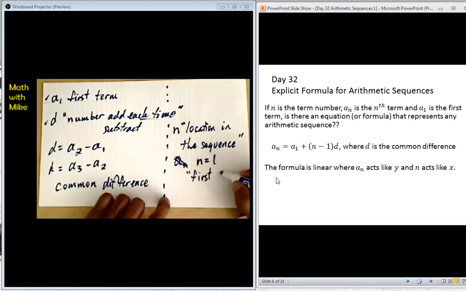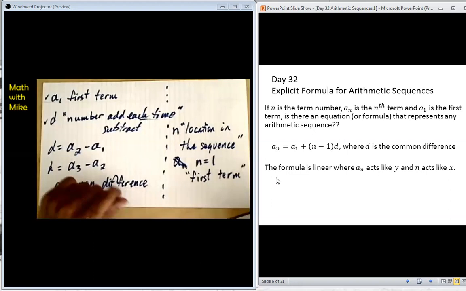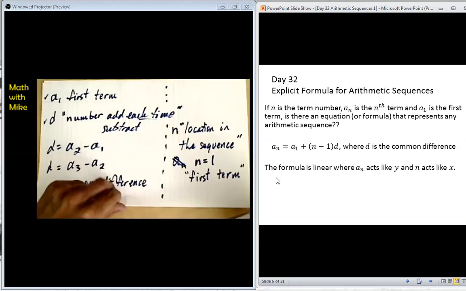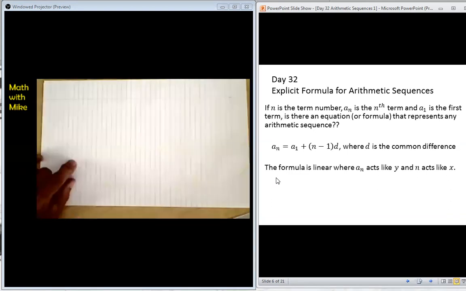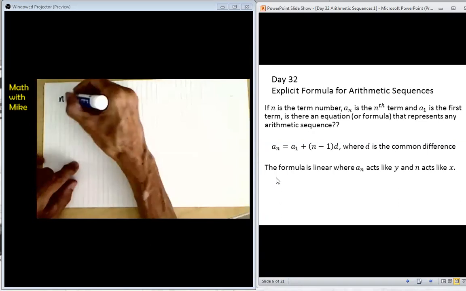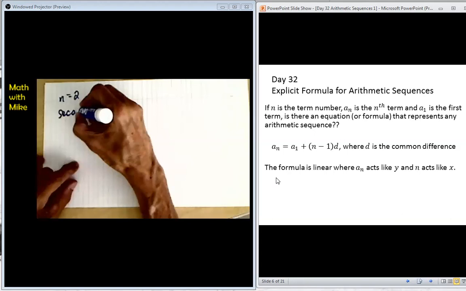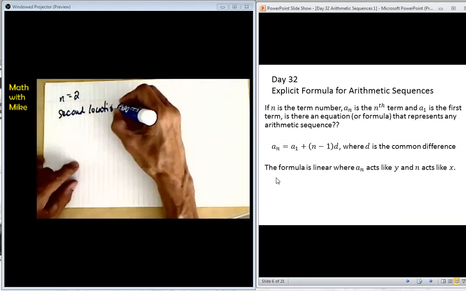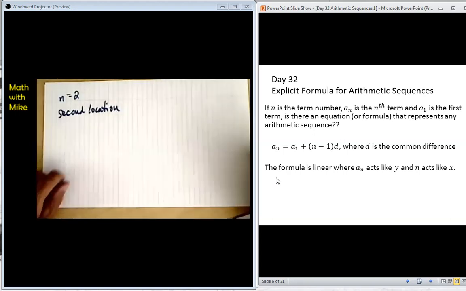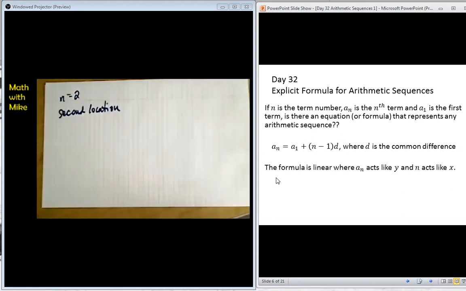First location. If we're looking at N2, we're looking at the second location. Okay.